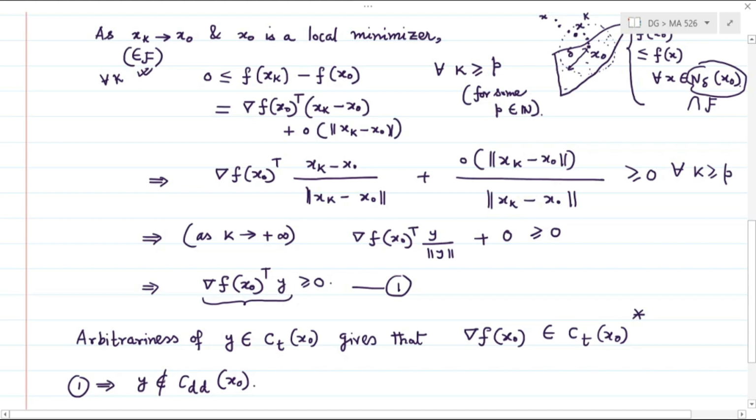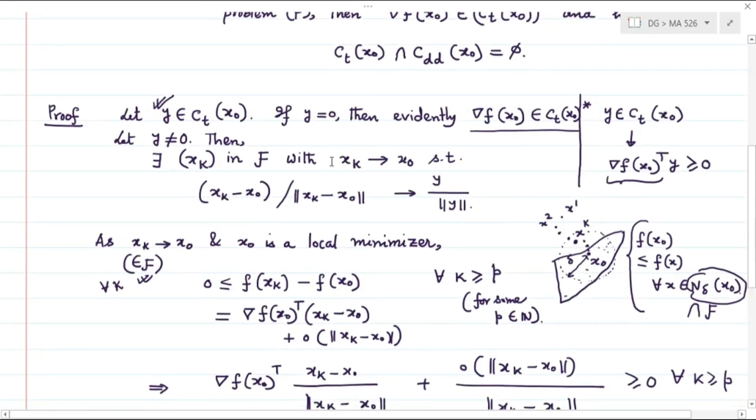So any y that is in the tangent cone cannot belong to the descent cone of the objective function, and therefore the cone of descent directions and the tangent cone have empty intersection. Fine. That is the proof.